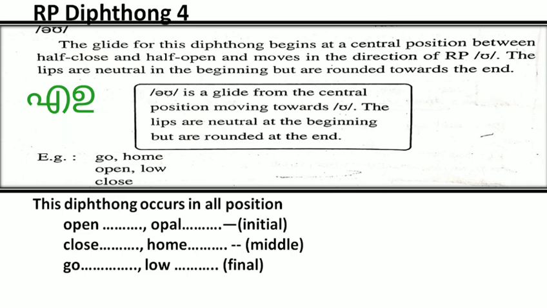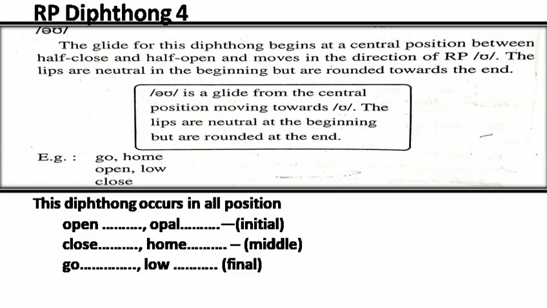Ou is a glide from central position moving towards U. Ou as in go, as in home. This diphthong occurs in all positions in English words, as in open, opal, initial, but in close and home, middle position, but in go, low, final position.